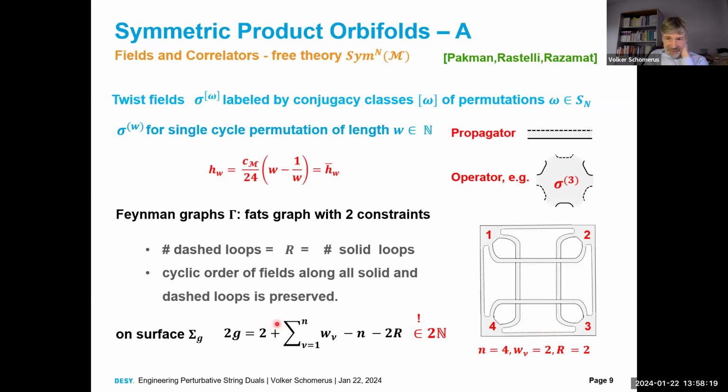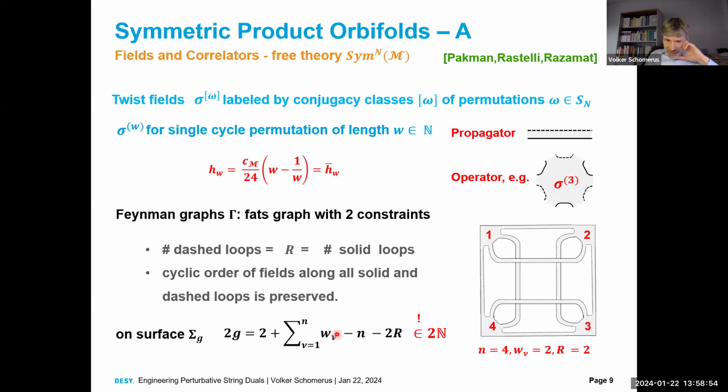So as in ordinary gauge theory, you can now organize these diagrams in a loop expansion of correlation functions of twist operators in this symmetric product orbifold. The way you compute the genus of your surface is you take the sum over all the cycle lengths, then minus the number of operators and minus 2r, the number of loops that you have in this diagram, and you compute 2g.